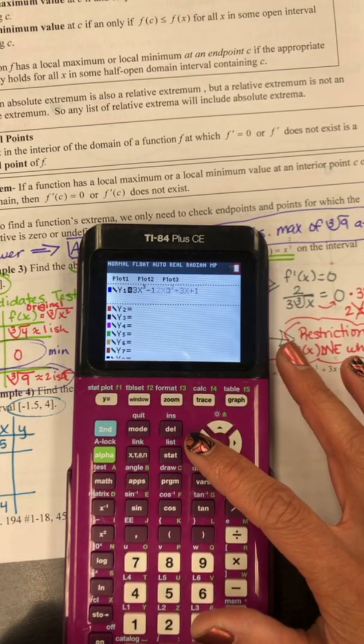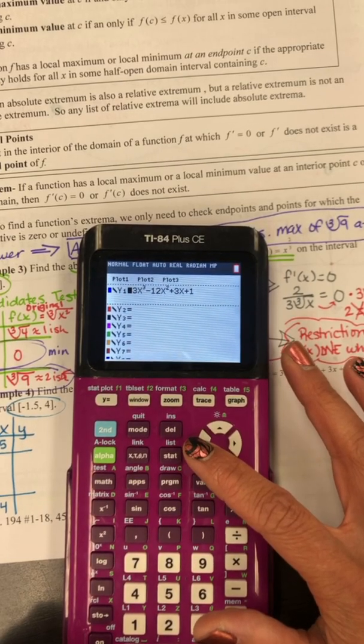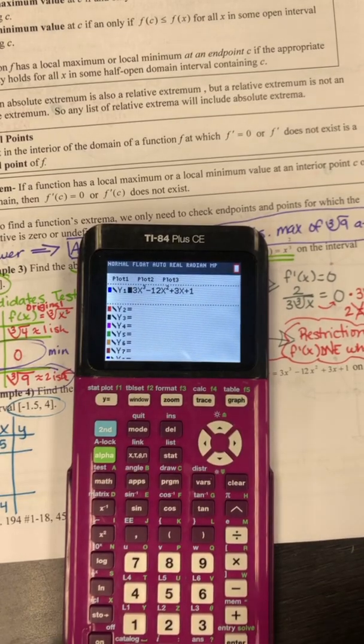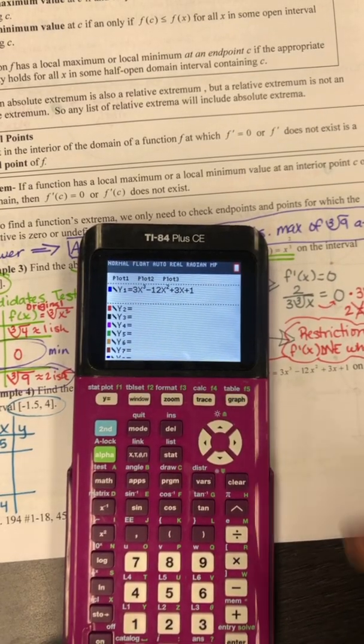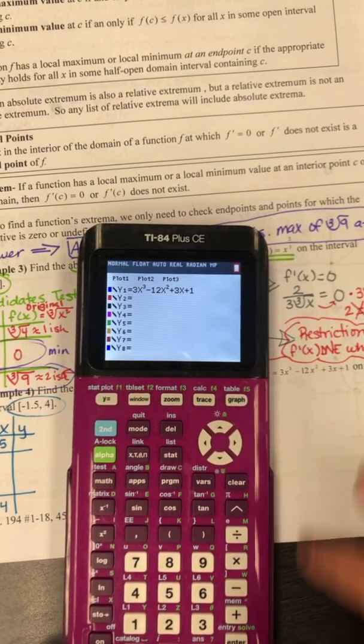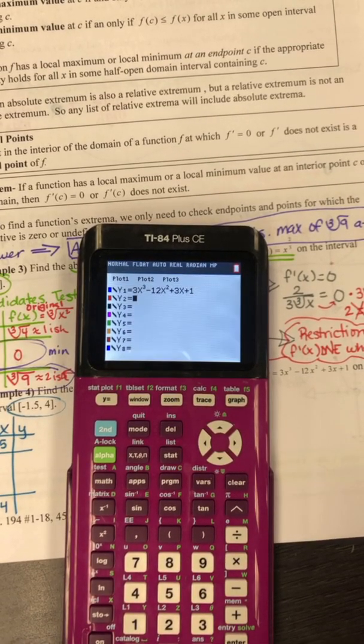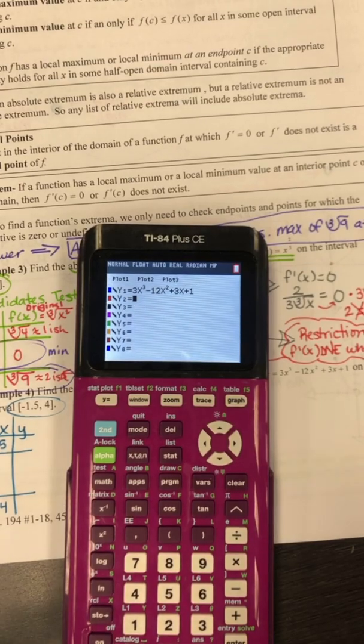I learned something new, guys. Go to the equal sign, you know how it's blinking? Hit enter, and then it won't graph that graph. I didn't know that, okay. I don't want it to graph that, I just want to see the derivative graph, okay? So now let's put in the derivative.